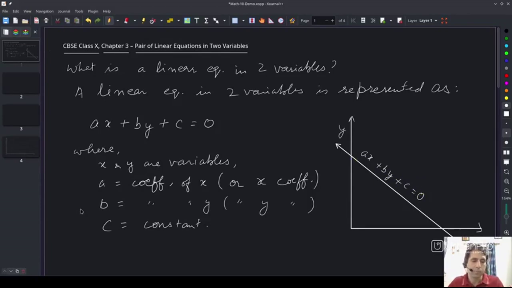That's how a linear equation in two variables is represented on an xy graph, and this is 0 or the origin.